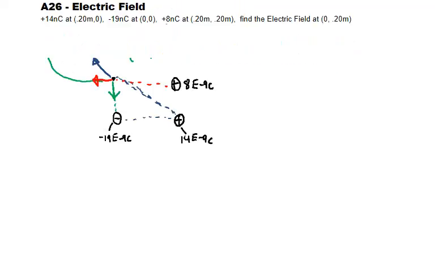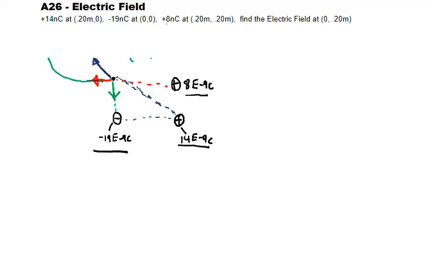All right, so we've got 3 different fields here. We want to find out the field at that spot due to this charge. If we place a proton there, it's going to go straight down. Due to this charge, if we place a proton here, it's going to go straight left. And for this charge, if we place a proton here, it's going to go straight up and left.